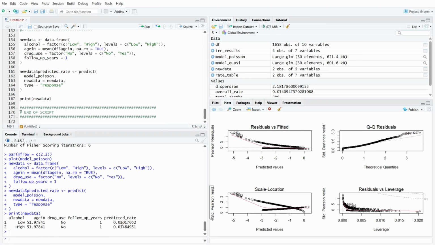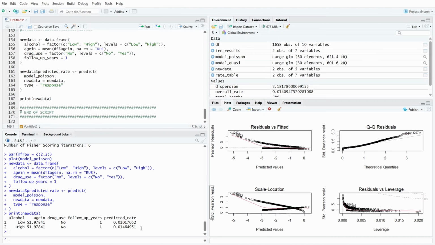For the individual with low alcohol use, the model predicts a death rate of about 0.0102 per year. For the individual with high alcohol use, the predicted rate increases to about 0.0146 per year. So what does that mean in practical terms? The difference between these two is about 0.0045 deaths per year.